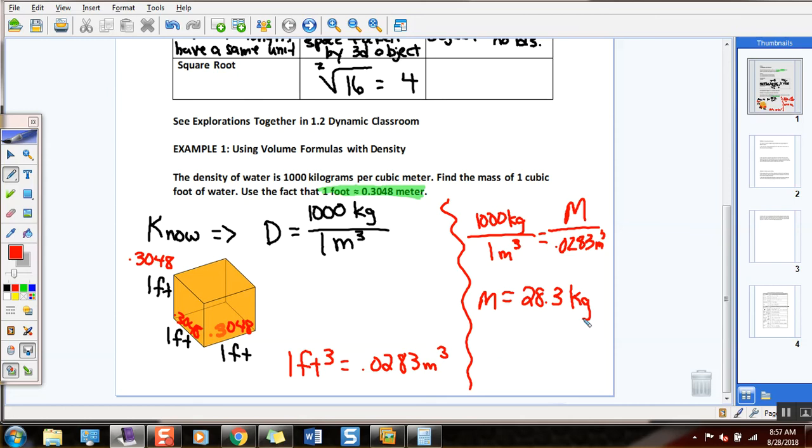Okay, let's take a look next page. Do you have what you need right here? So what's the mass here again, kids? 28.3 kilograms in that 1 cubic foot. By the way, anybody know how many pounds are in a kilogram? 2.2. Okay? Take this answer times 2.2 for me.